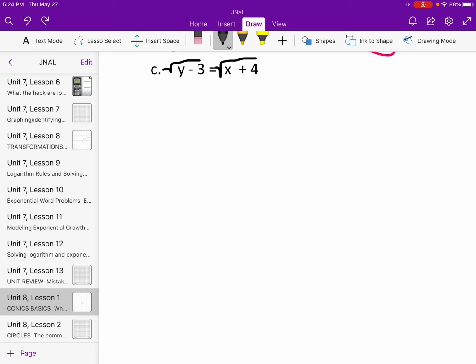Okay. Just because, as you can see, if you squared that, then it would just be y minus 3. That would end up just being a linear equation, not a conic. I don't know what I was thinking there. We will just pretend that there's no square root there, and that we have this.